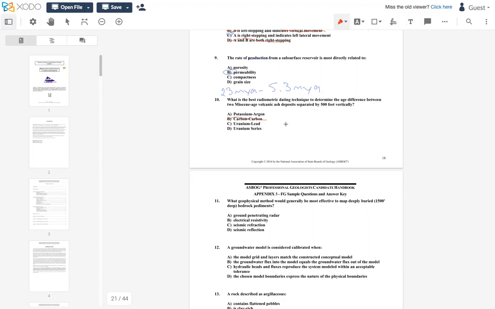Uranium lead. We use that for things like carbonates, opals, fossils, minerals that have a high uranium content. It also has a pretty large age range similar to potassium argon. But I have an argument that's better for potassium argon than uranium lead, and I'll get to that in a moment.